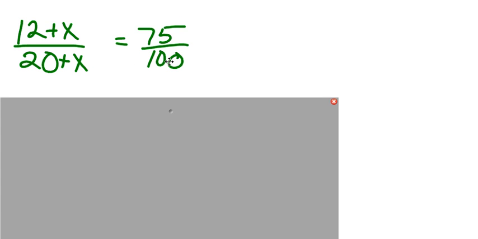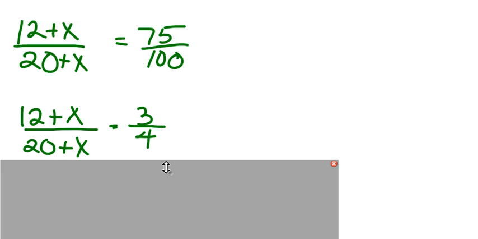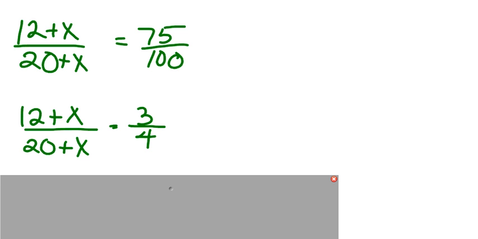Well, as we look at the equation, I know I could simplify 75 out of 100 right off the bat to 3/4. And so that will help me work with my equation in some smaller values. So again, we've got to figure out how many games she has to win in order to improve her percentage. So again, we want to look at the denominators and ask ourselves, are they factored?